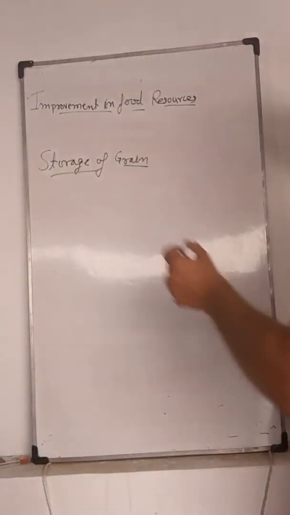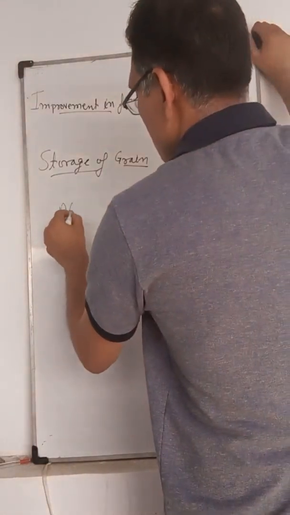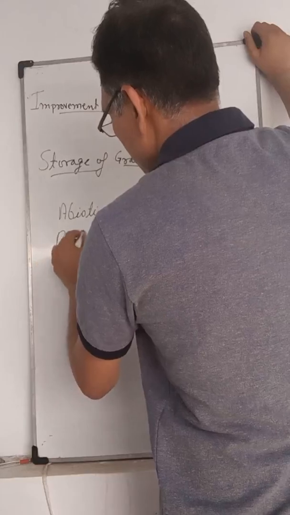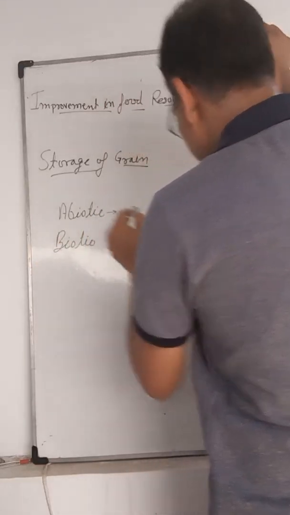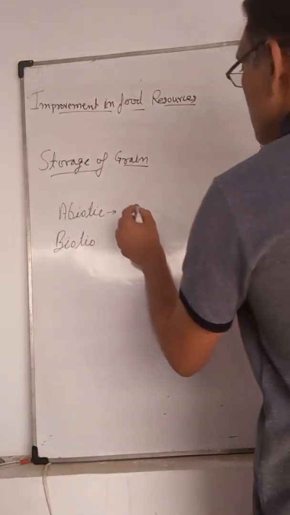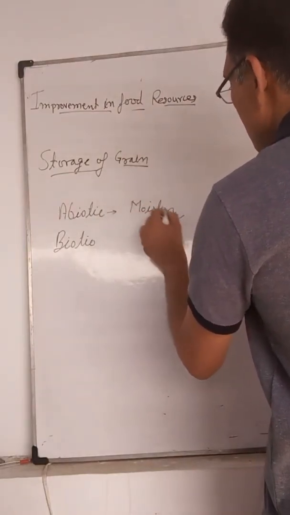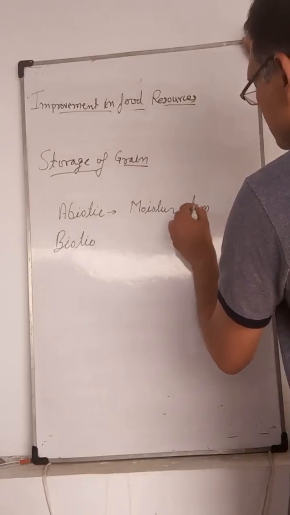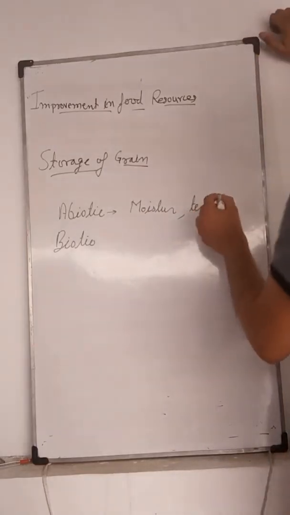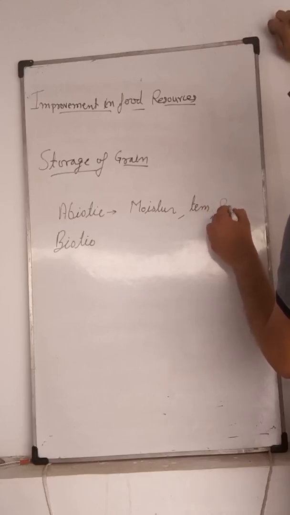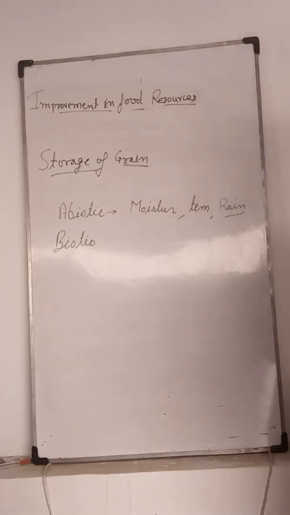These factors are abiotic and biotic. Abiotic factors are moisture, temperature, rain, humidity and other things.